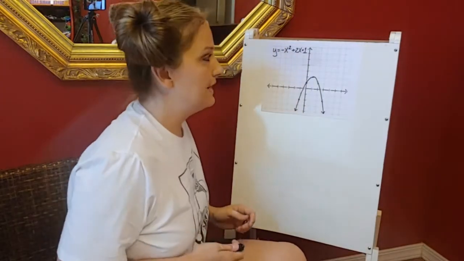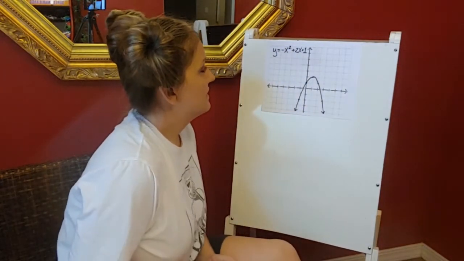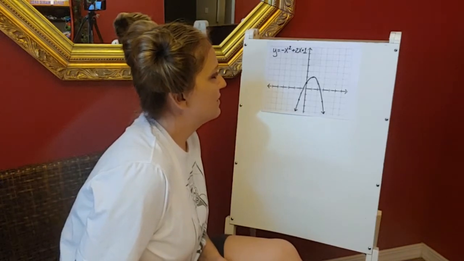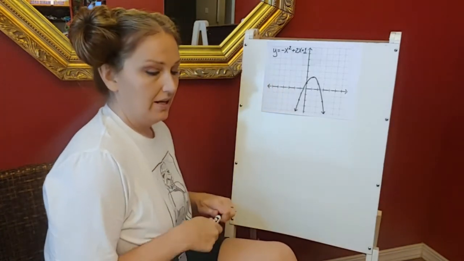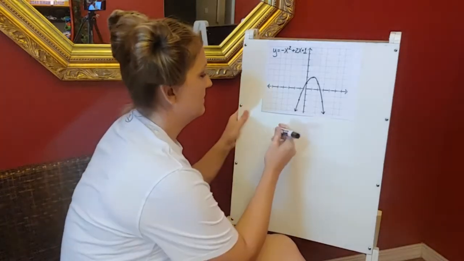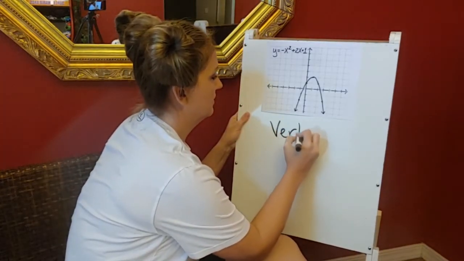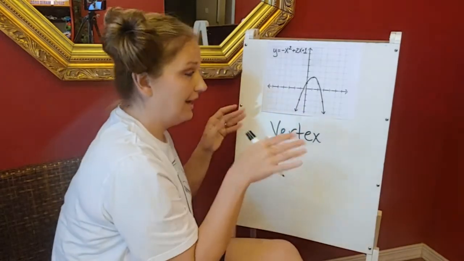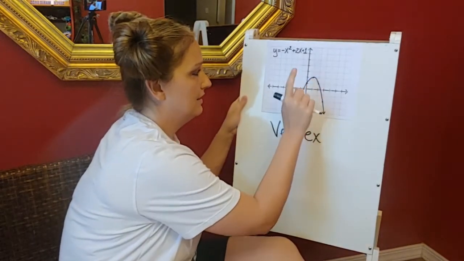All right, here's my next graph. This is the graph of y equals negative x squared plus 2x plus 1. Let's look at what our vertex is. Since it opens down, I have a vertex right here.